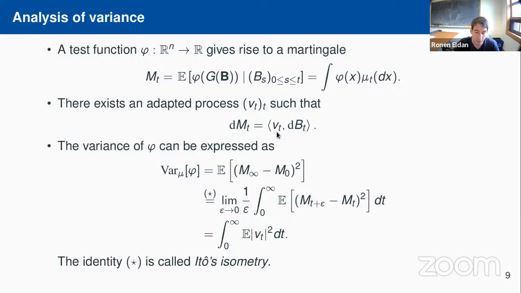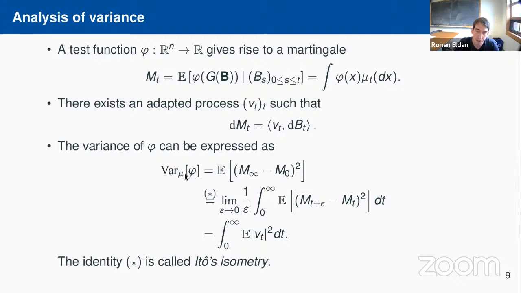Now, if we care, say, about the variance of the test function, a very general fact called Ito's isometry will tell us that this amounts, in a sense, to the sum of squares of the instantaneous change in the Martingale M_t, sometimes called quadratic variation.